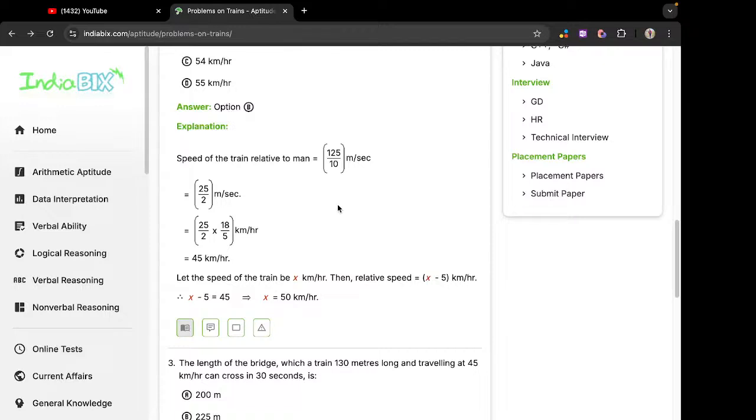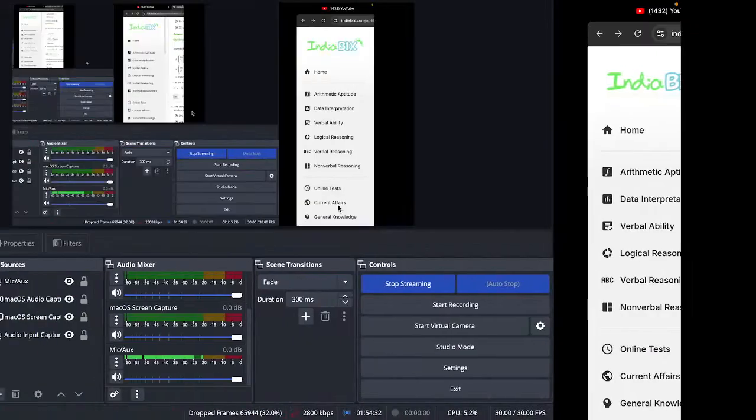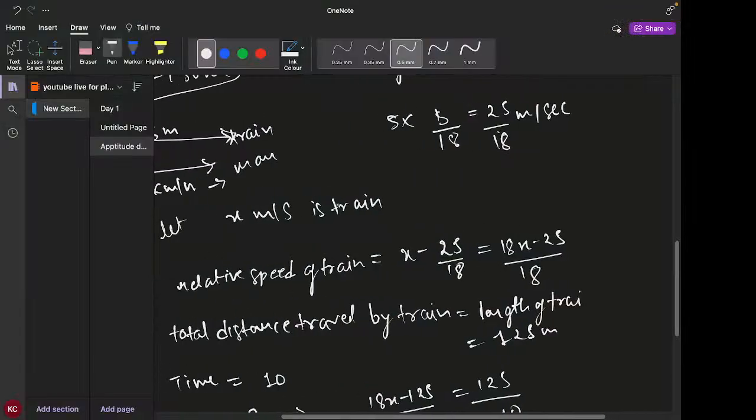What are they doing? Speed of train relative to man, 125 meter divided by seconds. This is what the speed of train is. Okay, what is he doing?